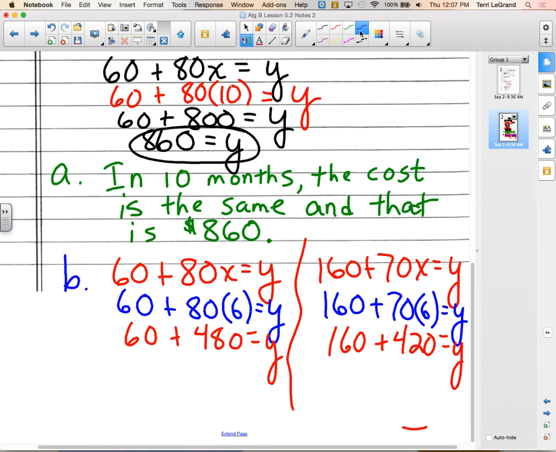How much did it cost the first one? $540. Okay, so this one is $540 for 6 months. And how about the other one? $580 for 6 months. And the question was, which one is cheaper? Okay, and explain.